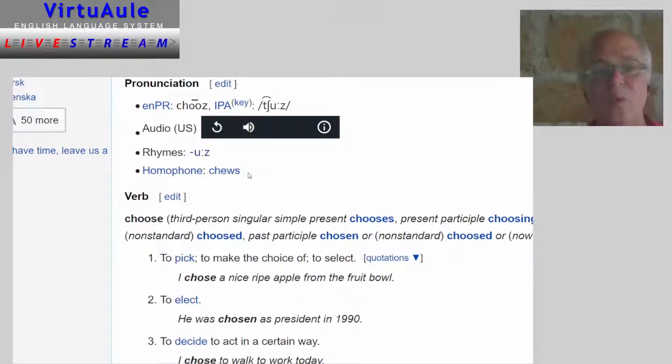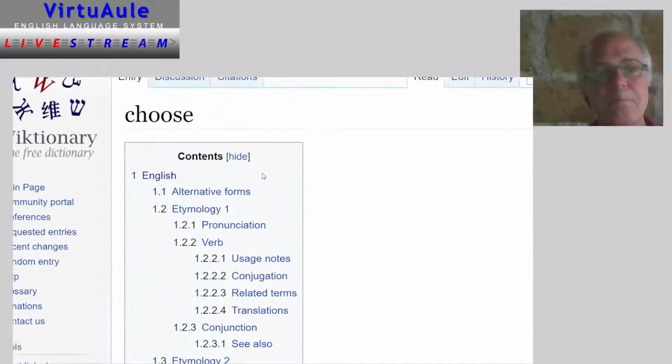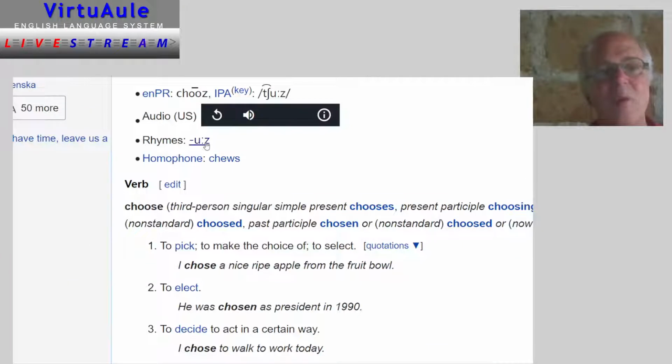You chew the food before you swallow it. The dog may chew your slipper. And in the third person singular form, this word chooses is exactly like the word chews, which is not here, but here.